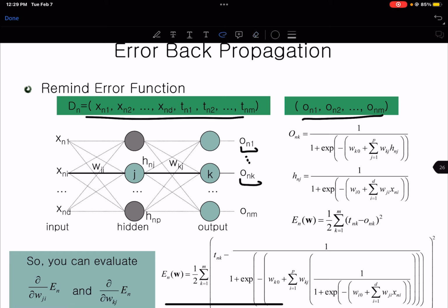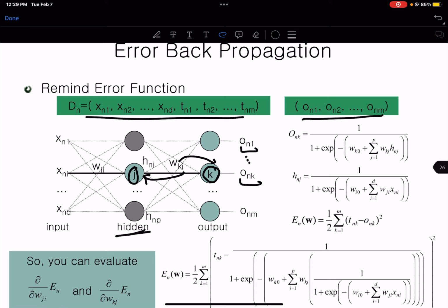We define the weights that exist between this node K and this node J as W_KJ, and the output of this node J at the hidden layer is H_NJ.